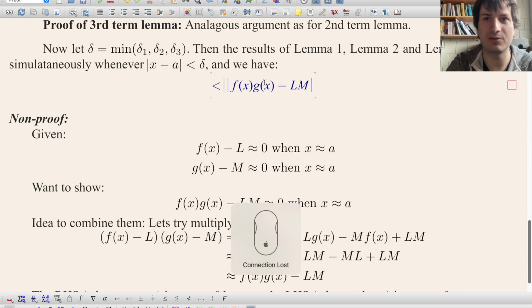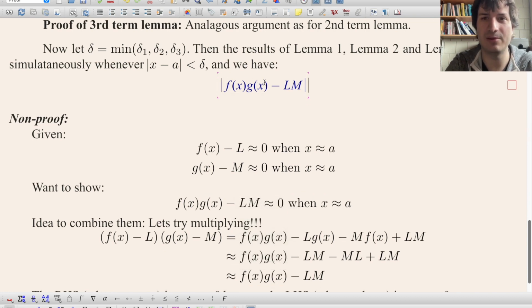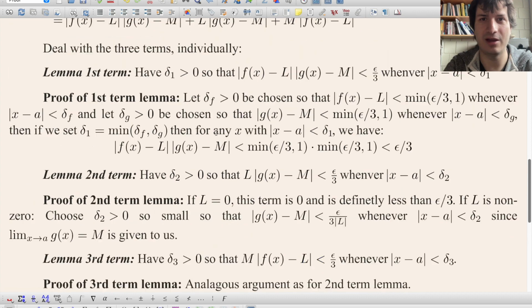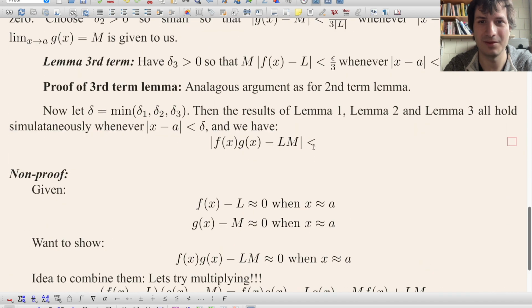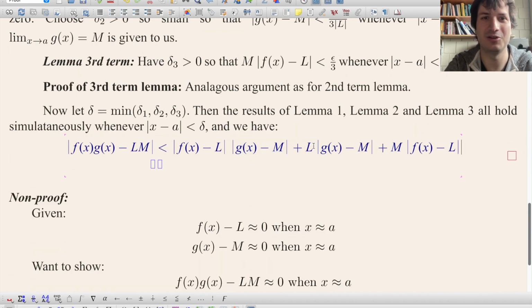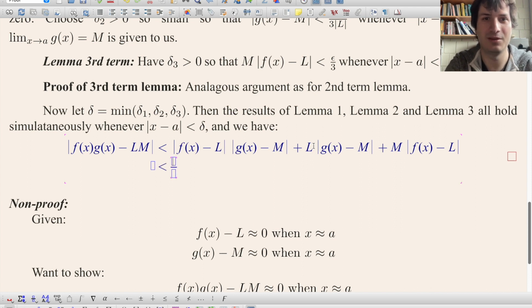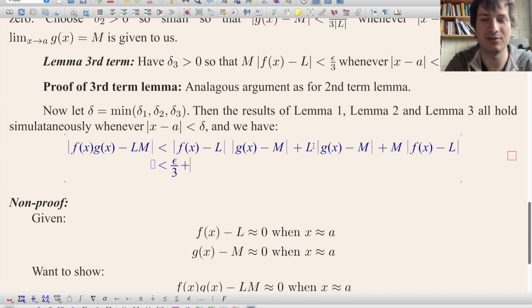This thing is going to be less than this stuff. This is less than this. And each of these 3 terms is less than epsilon divided by 3. So epsilon divided by 3 plus epsilon divided by 3 plus epsilon divided by 3.